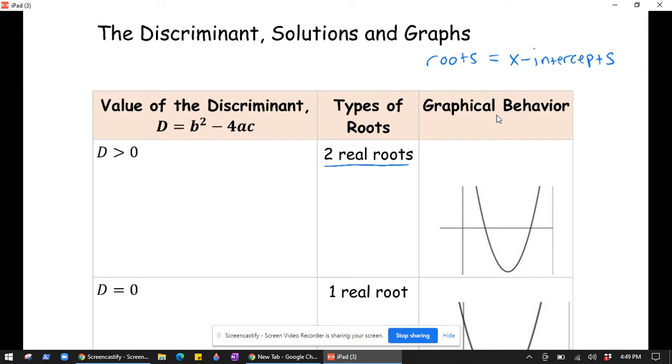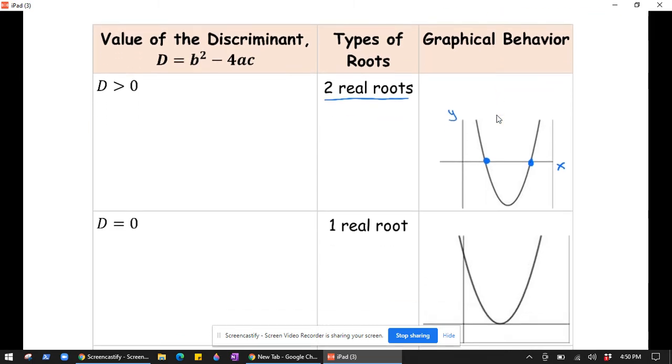So a positive discriminant tells us there are two real roots or x-intercepts, and so graphically the behavior of our quadratic would look like this. Notice that it intersects the x-axis in two places.